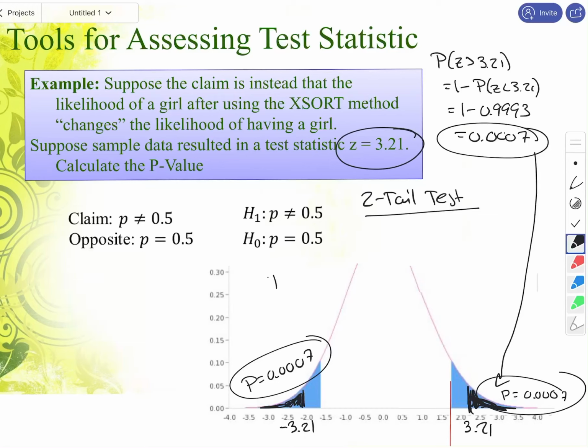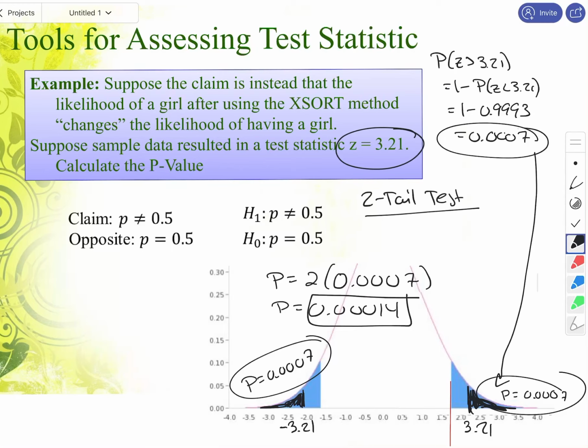You can either think of it as adding them together, or the total p-value is going to be 2 times 0.0007, or 0.0014. Now notice again, since this is smaller than alpha, then we would be in the critical region in both cases, so we reject H naught.